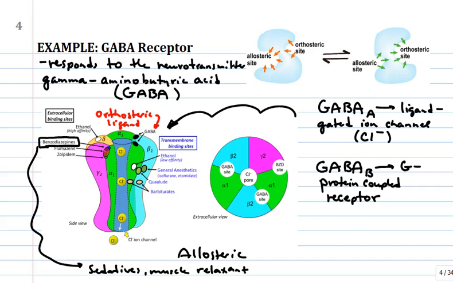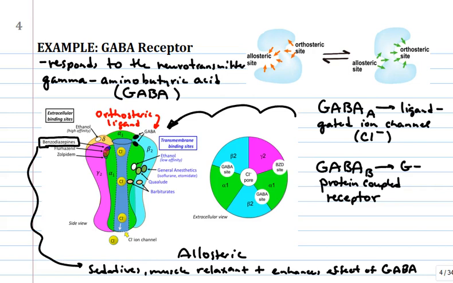So, let me add this to the notes. So, benzodiazepines, a sedative, muscle relaxant, and it enhances the effect of gamma amino butyric acid.